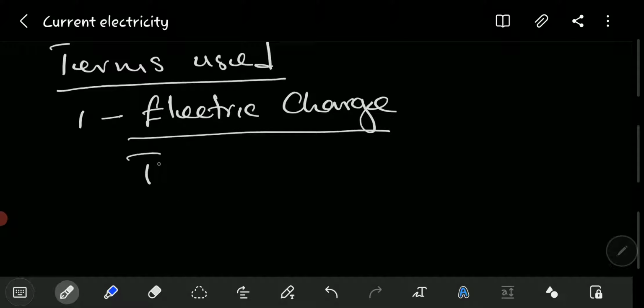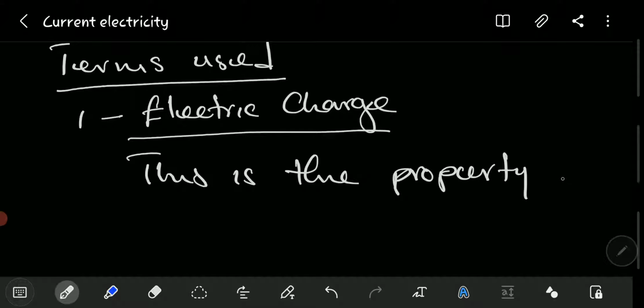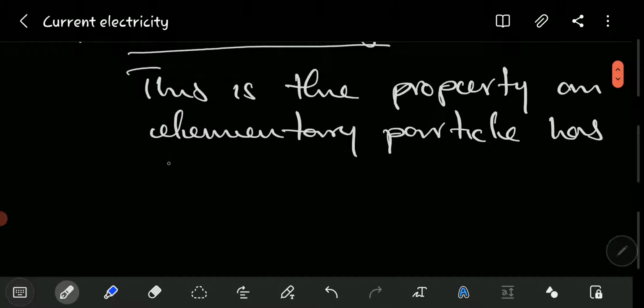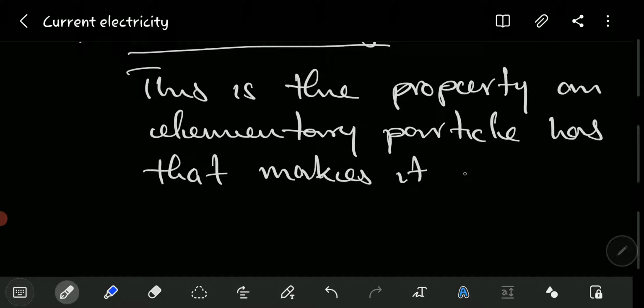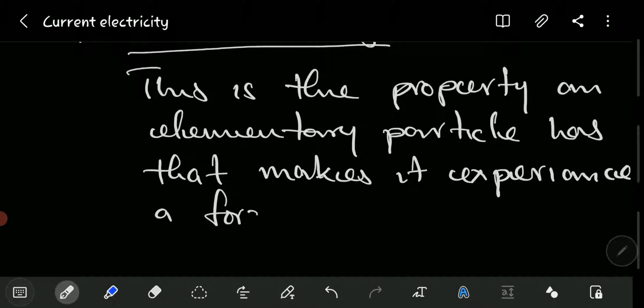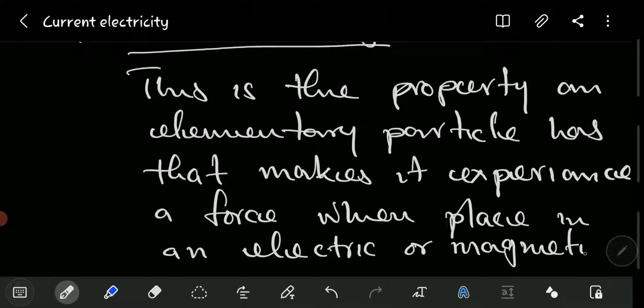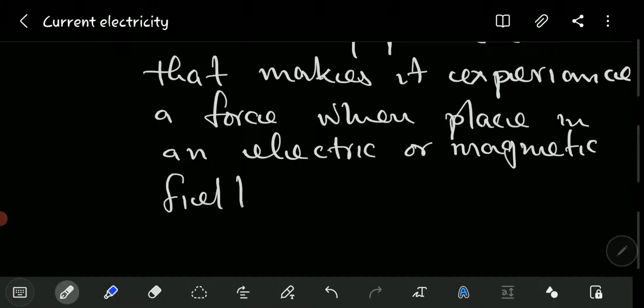So we will say this is the property an elementary particle has that makes it experience a force when placed in an electric or magnetic field.